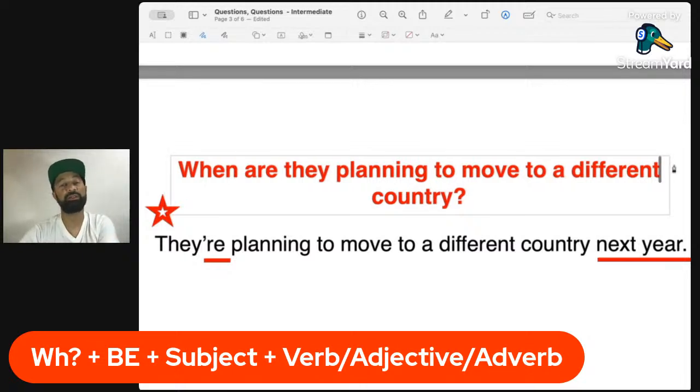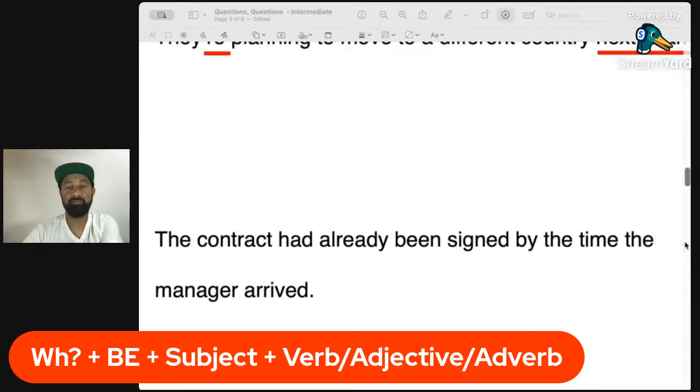Well, they're planning to move to a different country next year. Okay, let's keep moving.